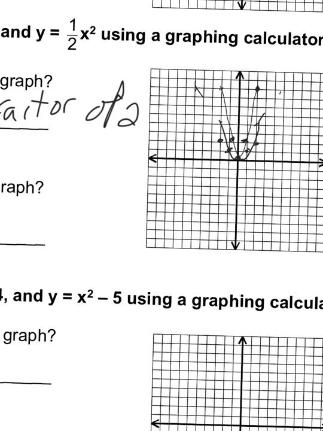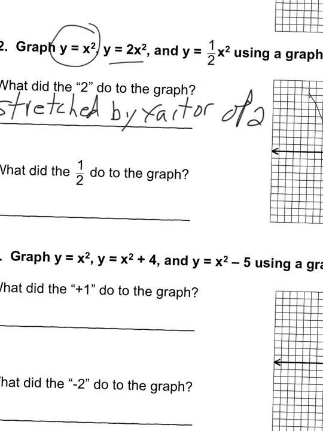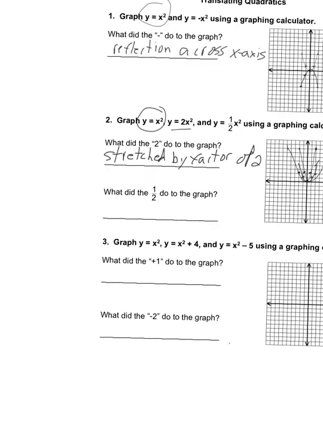It's going to make it nice and wide coming out. Whenever it flattens out a graph like that, we call that a compression. So this is a compression by a factor of 1/2.